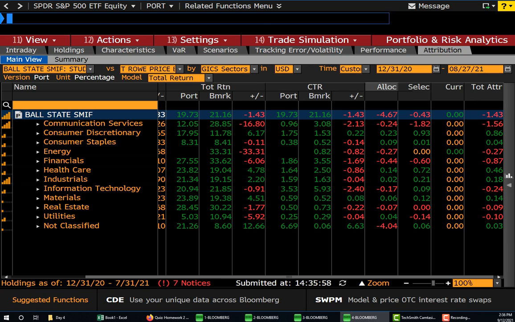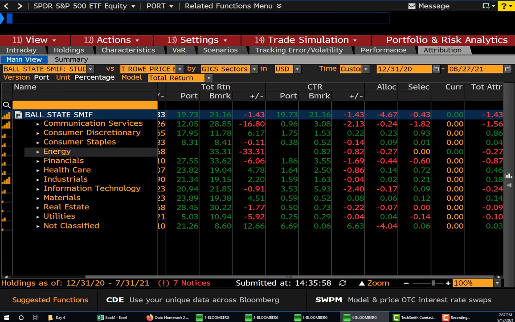So what we have here indicates that your asset allocation return for the student managed investment fund was negative, indicating that the previous classes who have managed this fund misallocated funds across different industries, and they underperformed overall by negative 4.67%, and their security selection return was actually negative 0.43%.